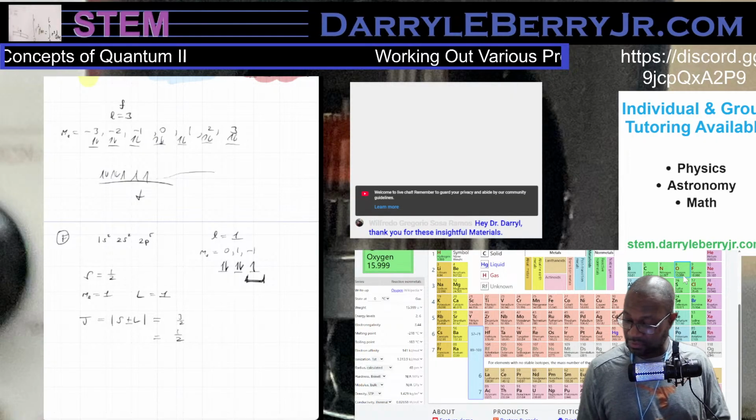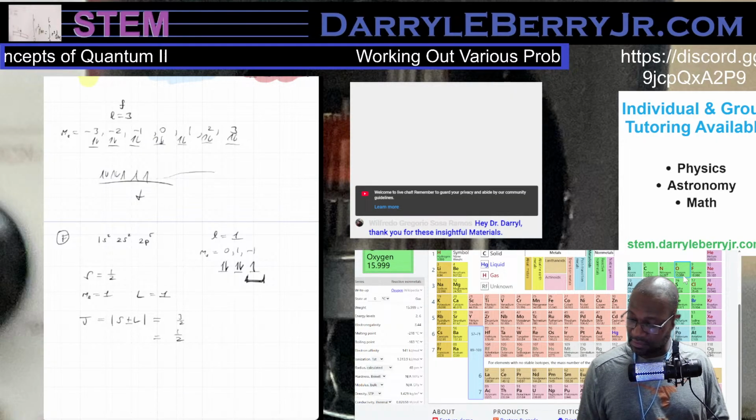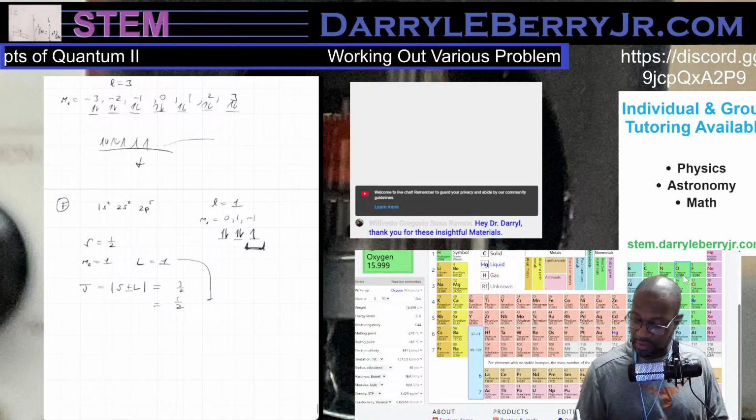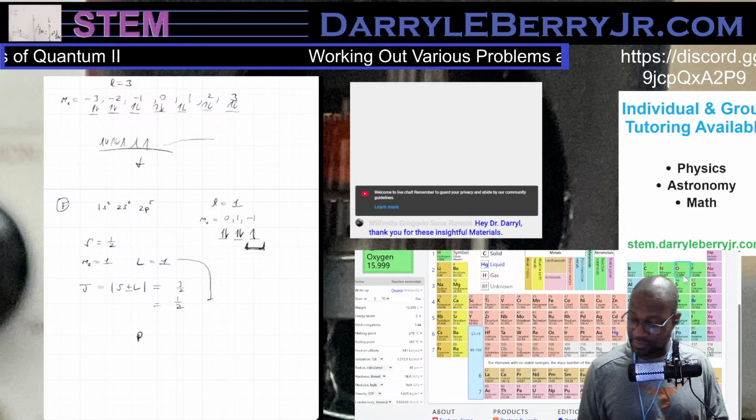So I guess the L does go first. So if I'm understanding this properly, since L is still 1 for the term symbol, it will still give me a P for the term symbol.